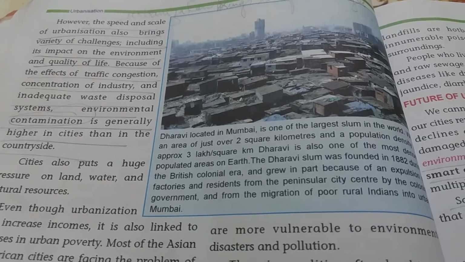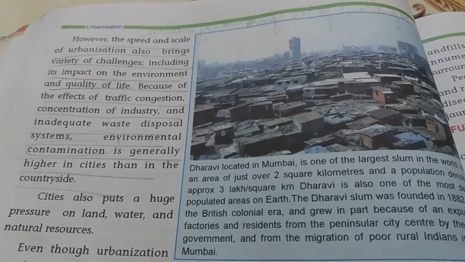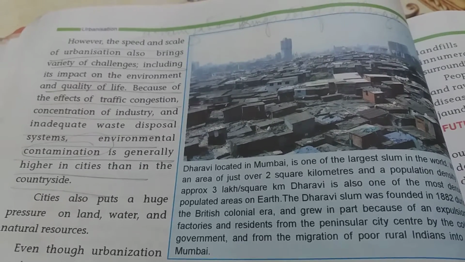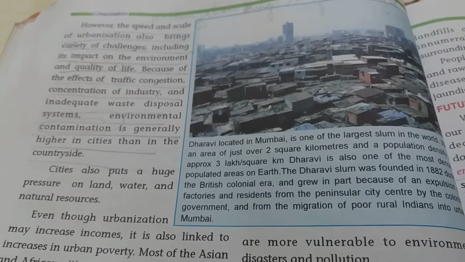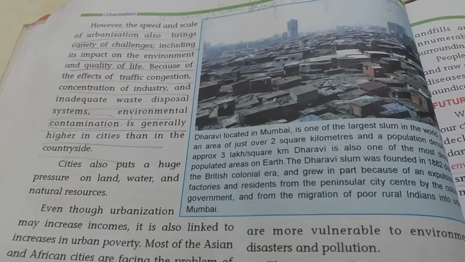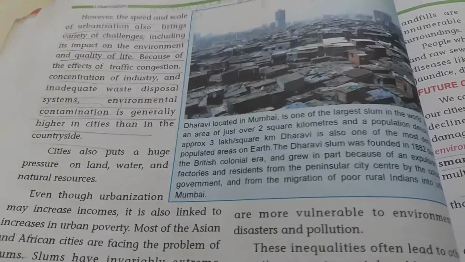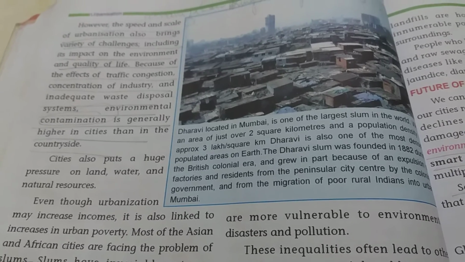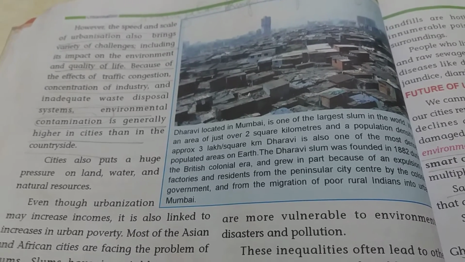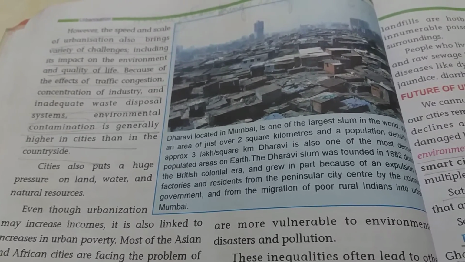Because of the effect of traffic congestion, concentration of industries, and inadequate waste disposal systems, environmental contamination is generally higher in cities than in the countryside. So we see that along with the merits we also have demerits. We see a lot of contamination, a lot of environmental hazards caused in the cities.